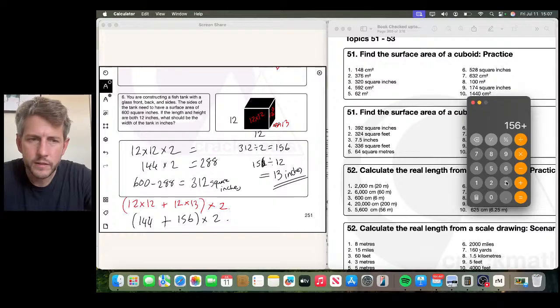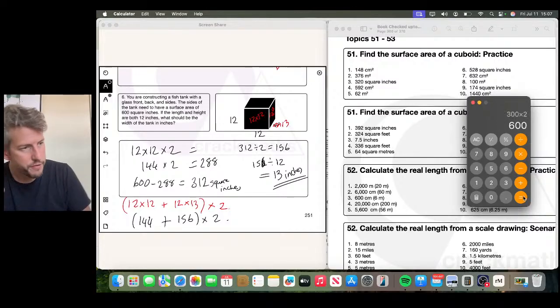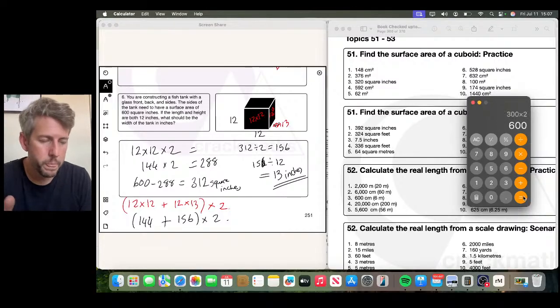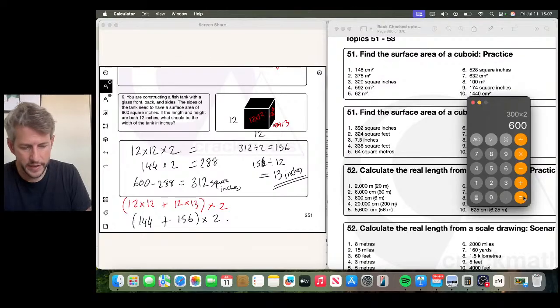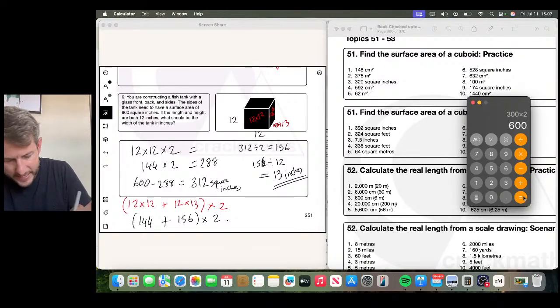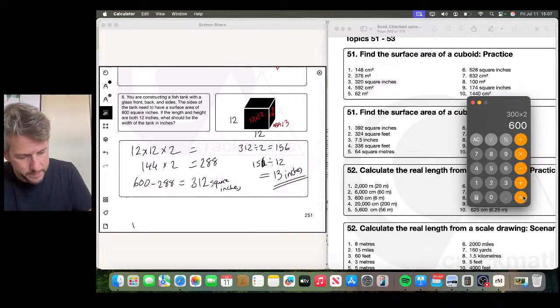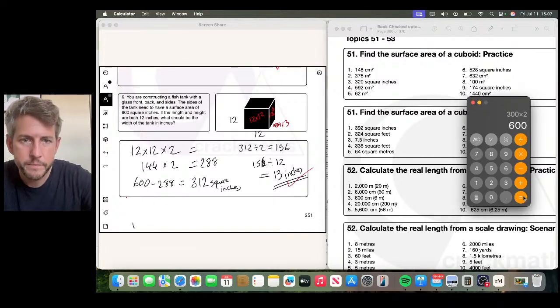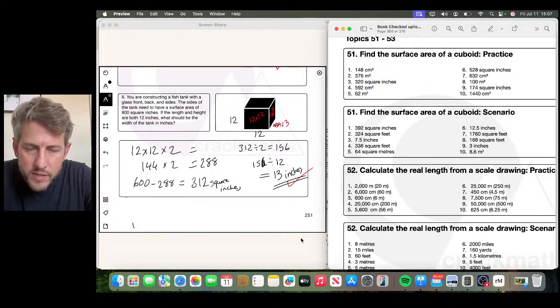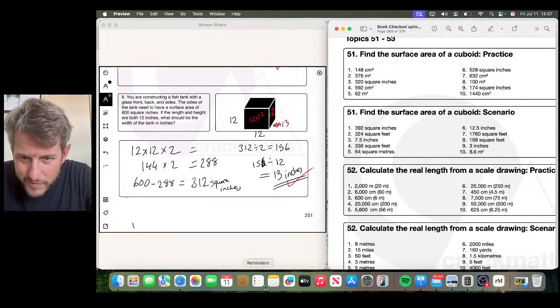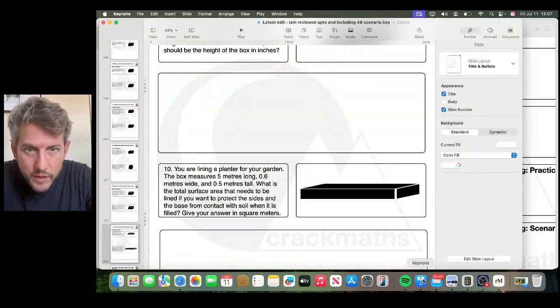So add 144, equals this, and then times that by 2 equals 600. So 13 is correct. Okay, so 13 is right. So we can tick that. We just need to change it in the mark scheme. So that is correct there. Let's get this changed in the mark scheme. 12.5 is very close though. I wonder how I got that last time.